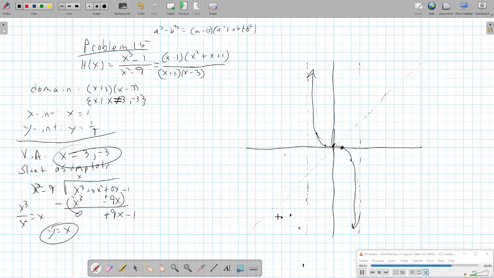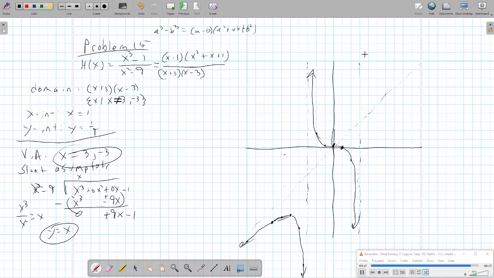Basically on top of 8. -7 goes down to -8.6, so it's starting to go down again. -10, might as well jump out there, is -11. We're going like this. Yep. And then down here, hugging that asymptote. So hugging the vertical asymptote, hugging the slanted asymptote.